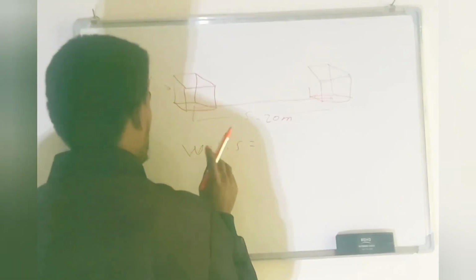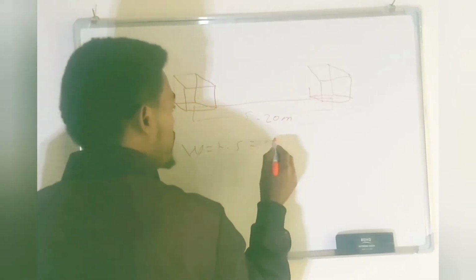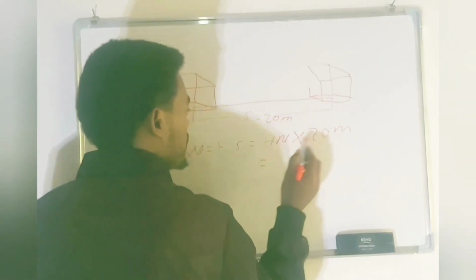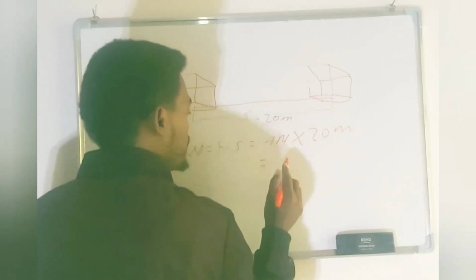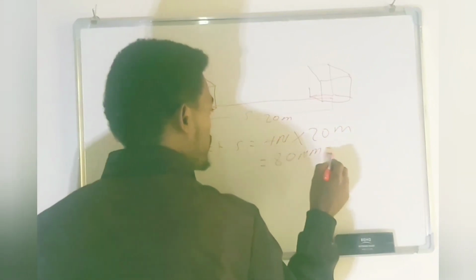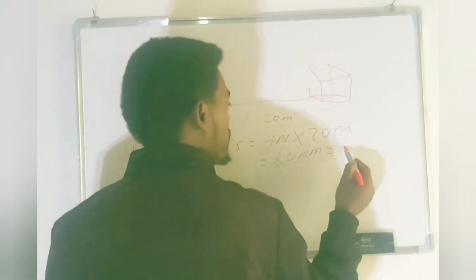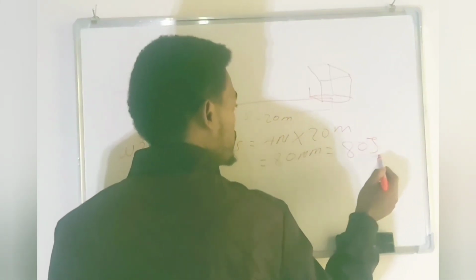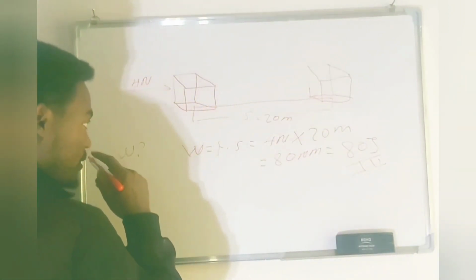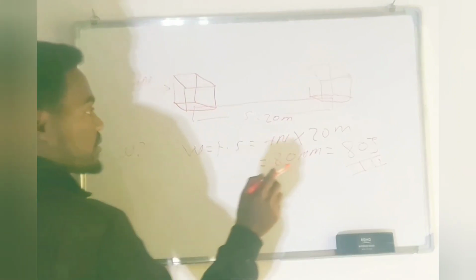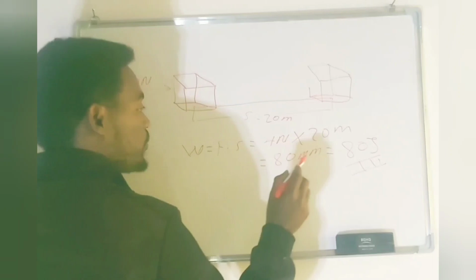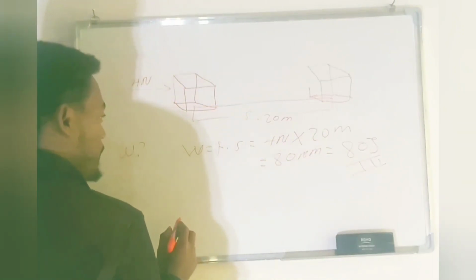So force we have 4 Newton, distance we have 20 meter. Simply, when we multiply 4 with 20, we have 80 Newton meter, or in unit, 80 joule. Now, the work done on the box is 80 joule, or the energy that transferred to this box is 80 joule.